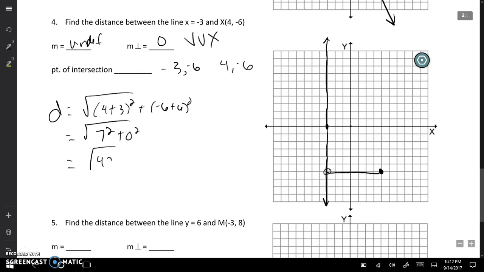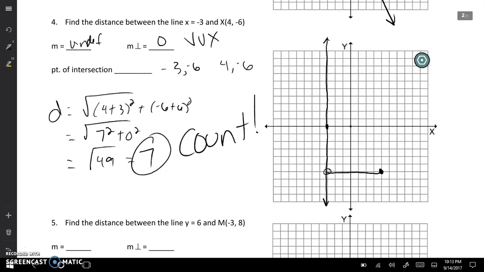That's the square root of 49, which is just 7. Gosh, I really wish there was an easier way to do that. And there is. We can just count 1, 2, 3, 4, 5, 6, 7. Because it's a vertical line and a horizontal line, we can go straight across. We just count that it's 7 away.